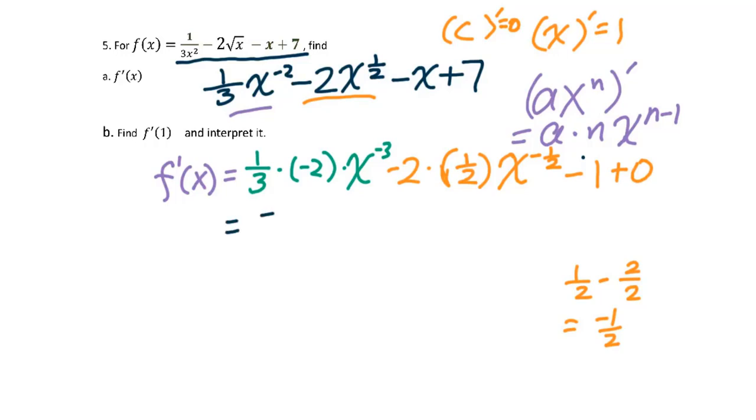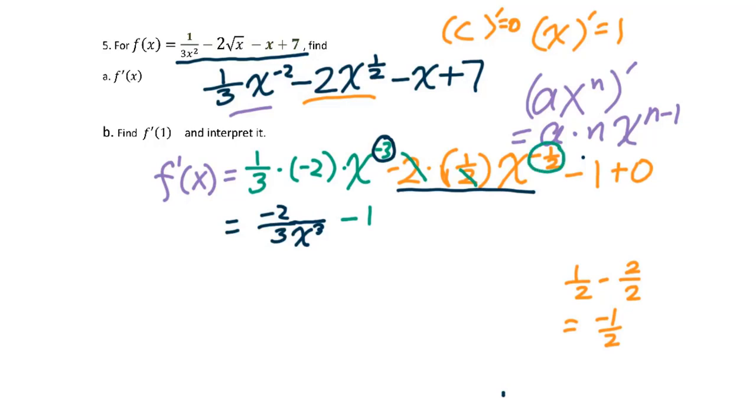Then we organize the answer. We get the negative 2 over 3, because negative 2 you count as the numerator when you do the multiplication. x to the negative third power, this one you have to change into denominator. For second term, 2 and 2 reduce, so you get the negative 1.